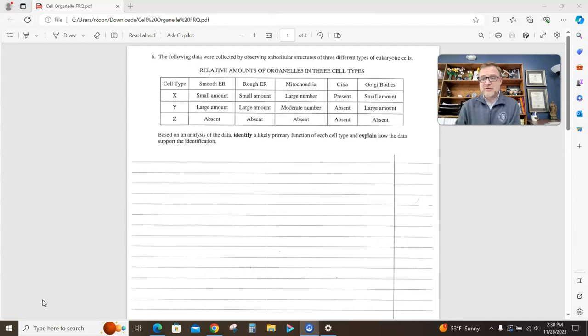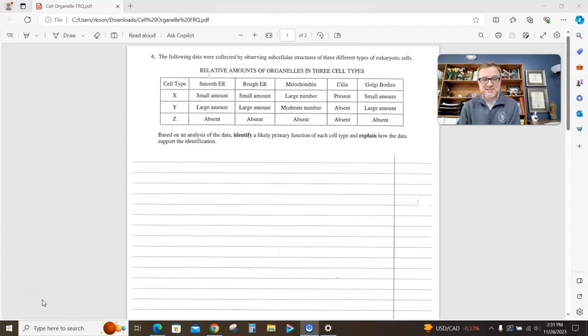So rough ER, having ribosomes, that makes me think that it's protein synthesis, and the fact that this cell has lots of Golgi bodies, proteins are oftentimes stored and processed in Golgi bodies. So for cell Y, I'm thinking that it's either detoxification of drugs or lipid synthesis, or maybe protein synthesis because it has the rough ER and the Golgi bodies. Again, when we look at the rubric, there's more than one thing that they accepted.